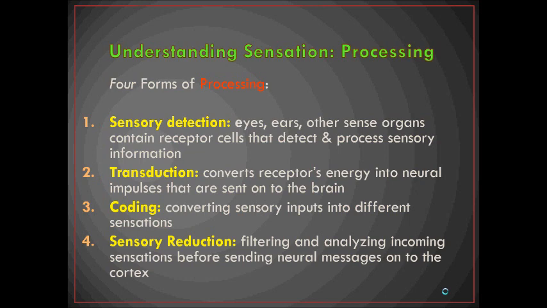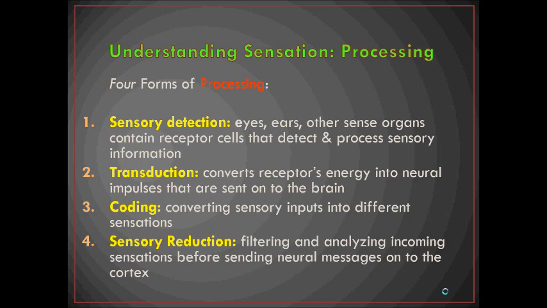Transduction occurs when you convert the receptor's energy into neural impulses that are then sent on to the brain. That's the actual translation of the energy into something the brain will understand, namely neural impulses.